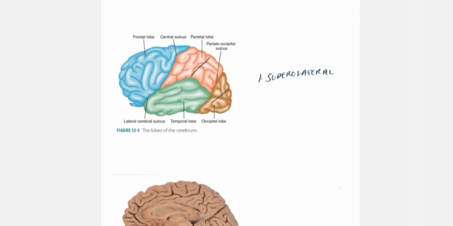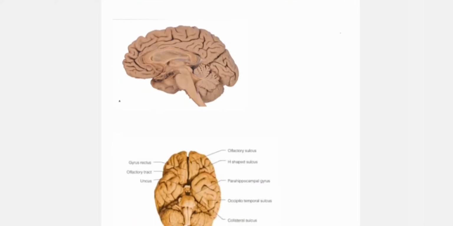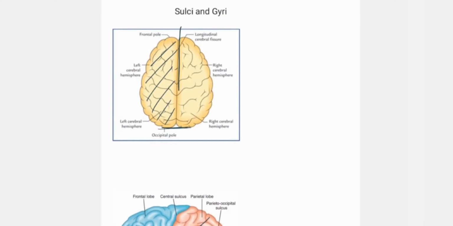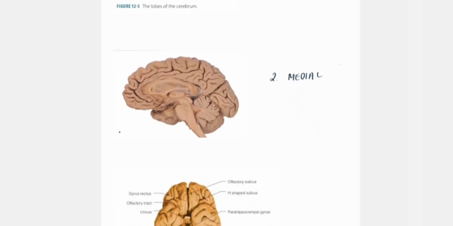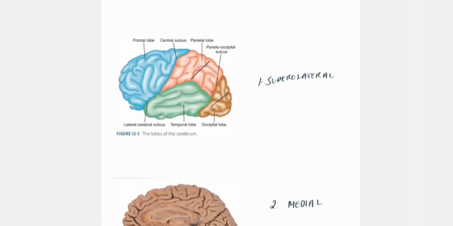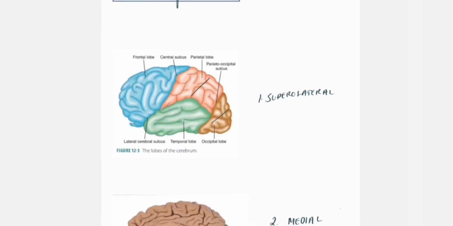Next, if we cut open each hemisphere, we will obtain the medial surface, the portion present medially. We also have an inferior surface. These are the three surfaces of the cerebral hemisphere: supralateral, medial and inferior surface.